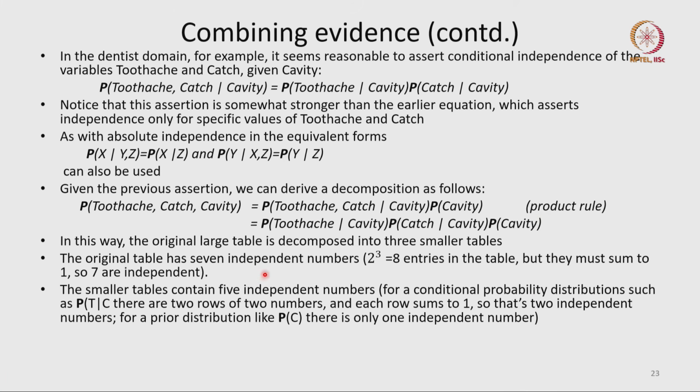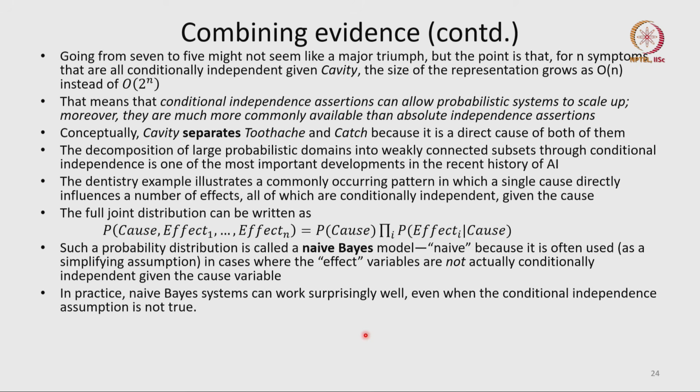The original table had 2 to the power of 3, that is 8 entries, but here there will be a reduction to some extent. The smaller table has 5 independent numbers as compared to the other one. You may find it is not really that much of a reduction, but what you have to see is that you are looking at something like n symptoms, where n is quite large.